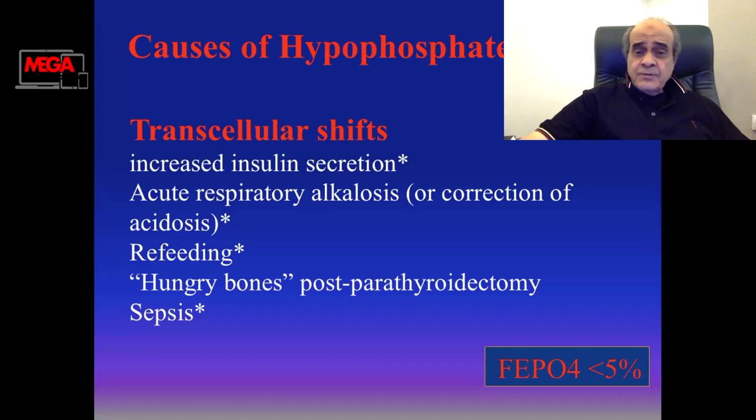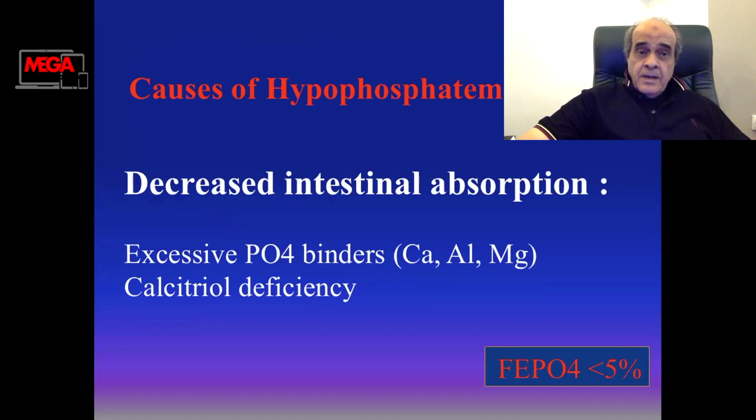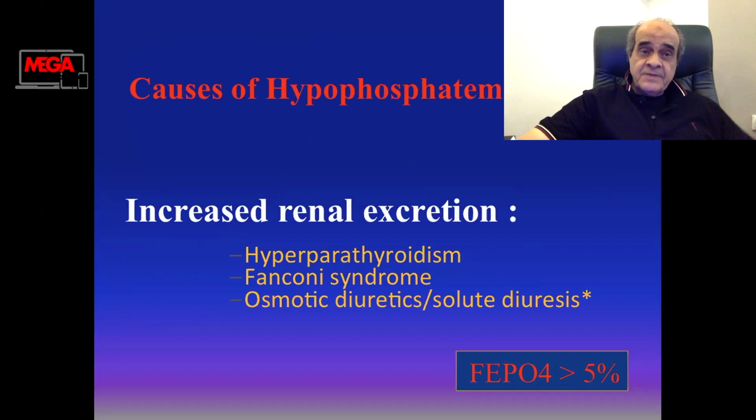Hungry bone syndrome, post-parathyroidectomy, and sepsis all cause hypophosphatemia with fractional excretion of phosphate less than 5%. Decreased intestinal absorption, excessive phosphate binders like calcium, aluminum, and magnesium, and calcitriol deficiency also cause hypophosphatemia.